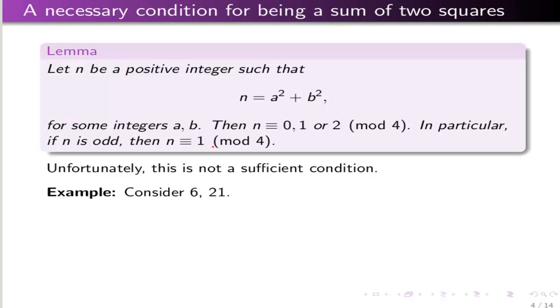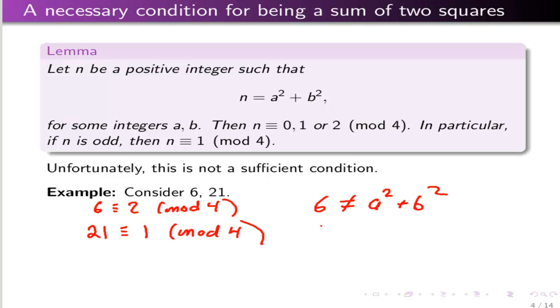Now, unfortunately, this is not a sufficient condition. So let's consider a couple examples. The value 6 is 2 mod 4. But can we express 6 as a sum of two squares? And it's very easy to say no. 6 does not equal a squared plus b squared. 21 is congruent to 1 mod 4.